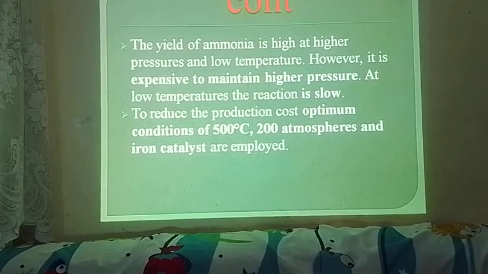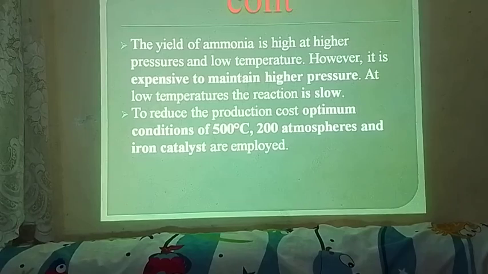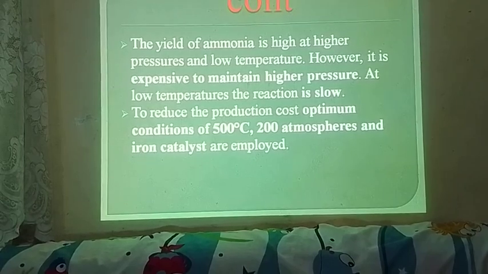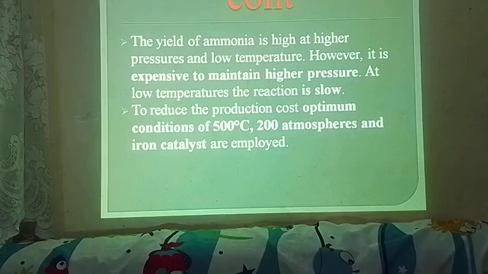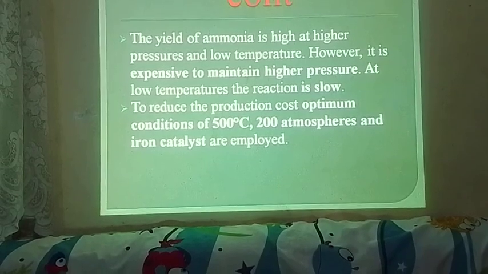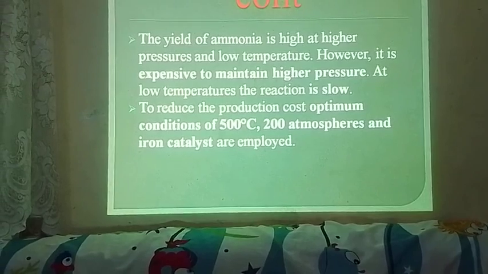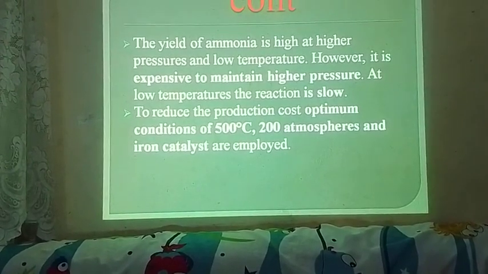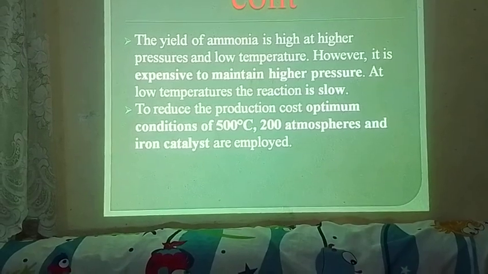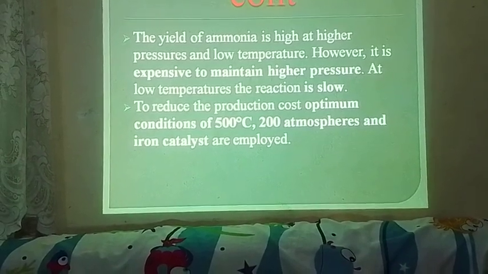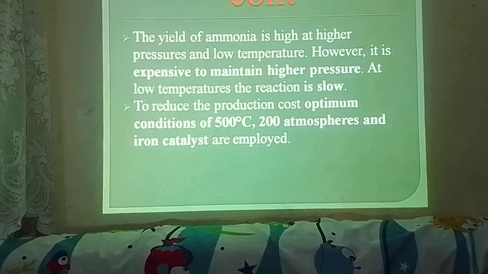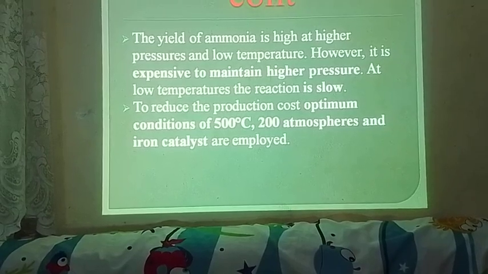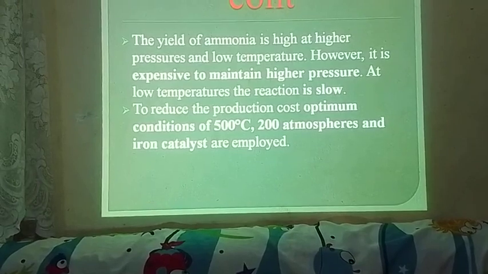You saw the temperature we are using was around 450, and the pressure around 200 to 400. That means if the pressure increases, it favors the forward reaction. If temperatures are low, it favors the forward reaction since the reaction is exothermic. However, it is expensive to maintain such high pressure, but at the end of the day, a large amount of ammonia is produced in that industry.